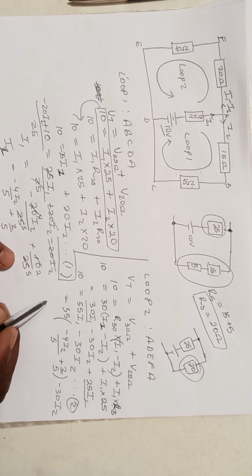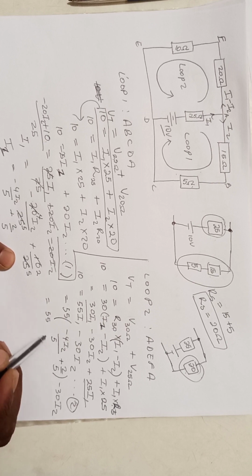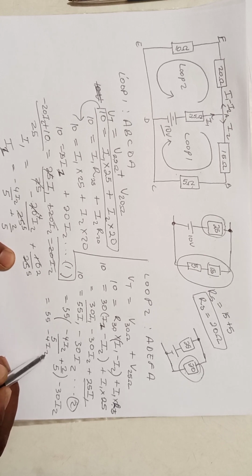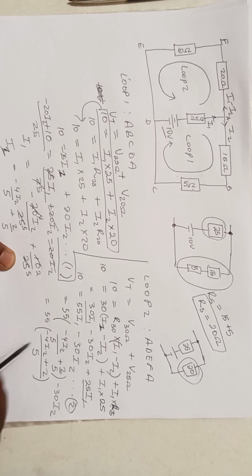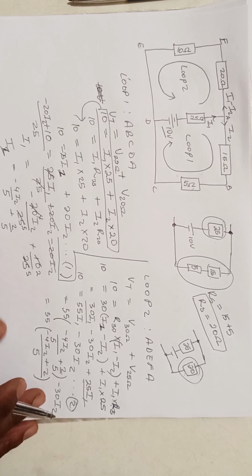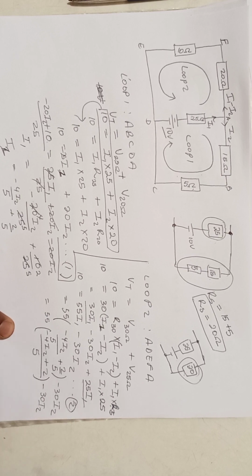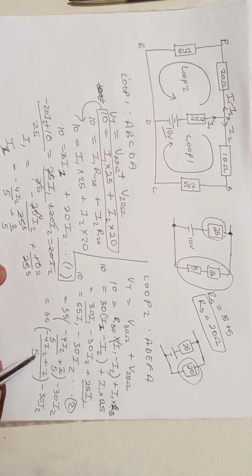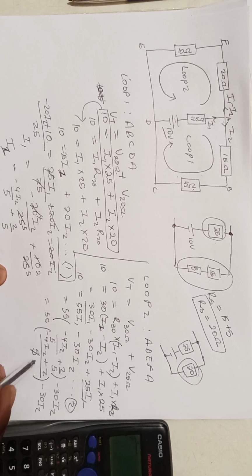We know that this is the same as 55 times minus 4I2 plus 2, all divided by 5. Hope you agree with me on this. If you remember your math, minus 30 I2. So how many times does 5 go to 5? 1.